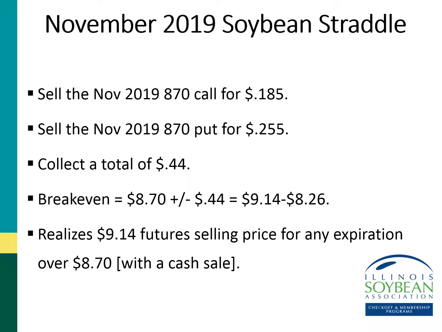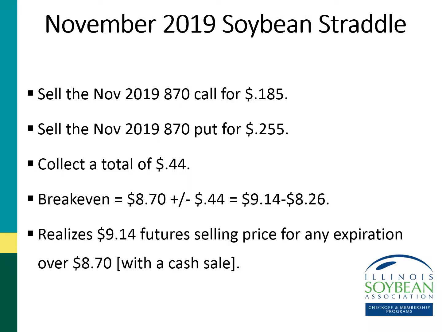If soybeans, for instance, expires at $9, then the put at 870, of course, is worthless because beans are at $9. But the call still has 30 cents of value because it was an 870 call. We lose that 30 cents. But since we gained 44 cents to begin with, the net gain of the position is 14 cents, which we add to our $9 selling price, and we get $9.14.